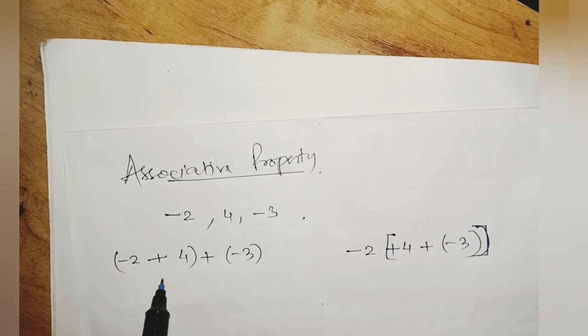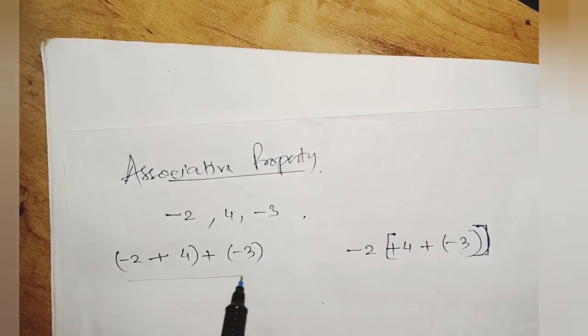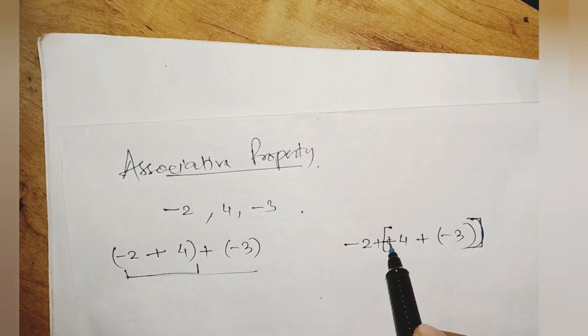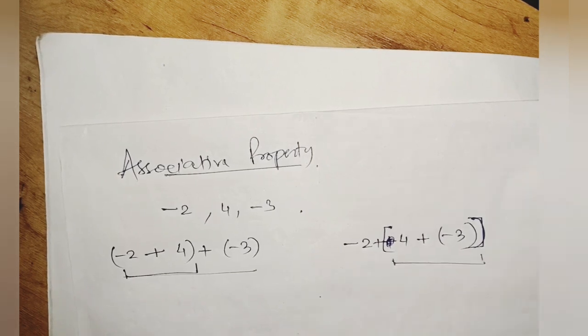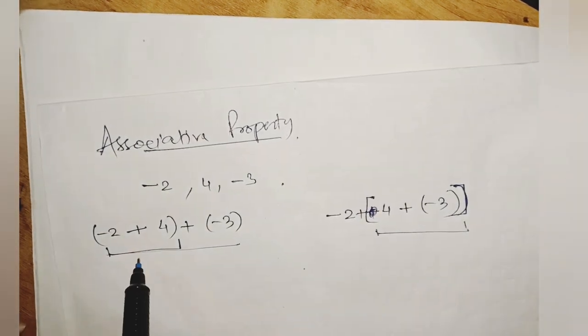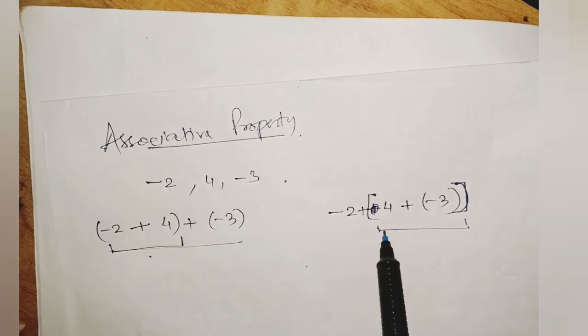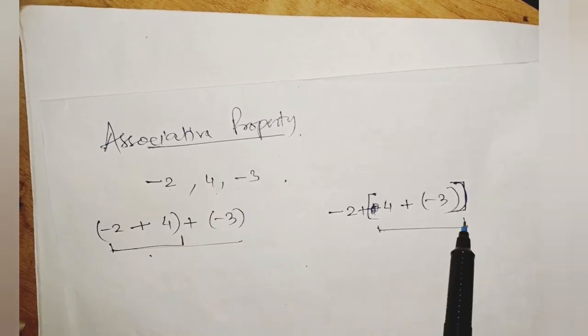What we can see here is that in the first one these two numbers are summed together, and in the second one these two numbers are summed together. In the first case we summed these two numbers together, and in the second case we summed these other two numbers together.